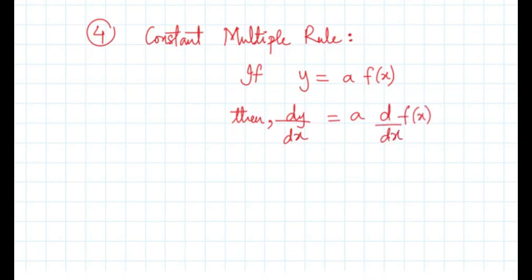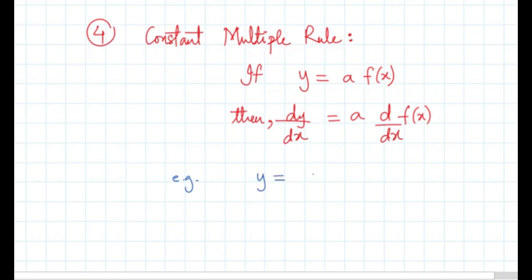Okay. So as an example, let's say that y equals 5x to the power of 3. And you want to find out what is the derivative for this. So it's dy over dx. We're just going to take the constant 5 out and differentiate the thing that is inside, which is x cubed.